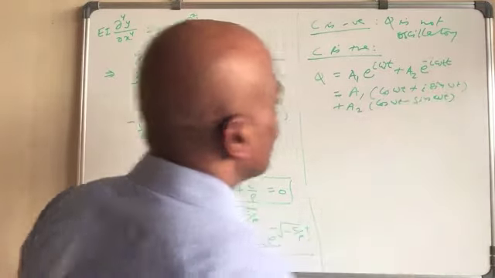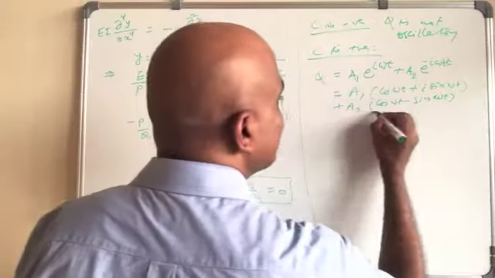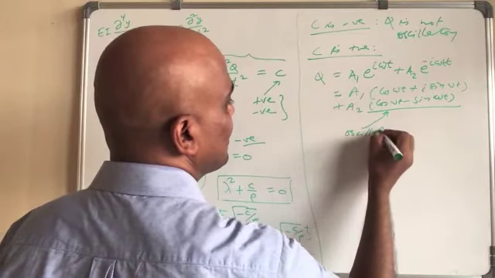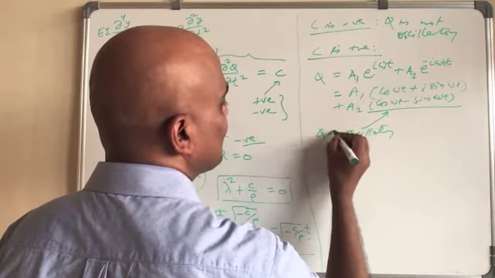Now what we see is oscillatory: Q is oscillatory in this case.